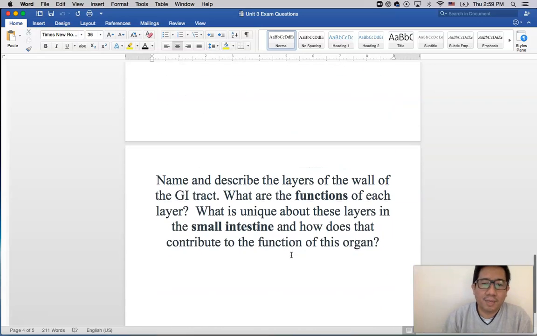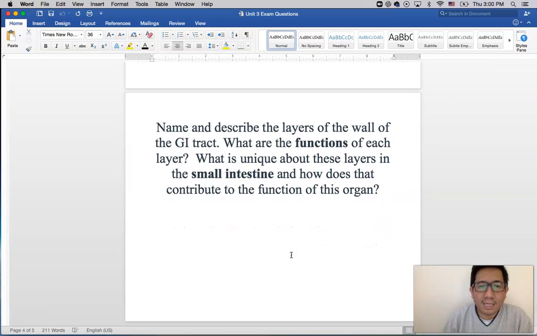Okay. Last but not least, name and describe the layers of the wall of the GI tract. What is the function of each layer? Unique of these layers, small intestine. There's actually a slide on there. You should go back and look in the PowerPoint. It describes the function of each layer of your GI tract.